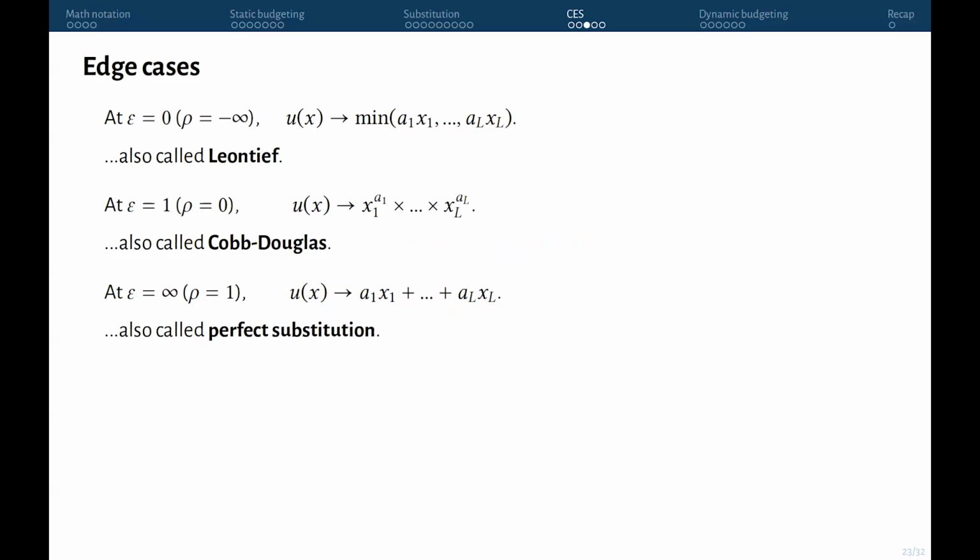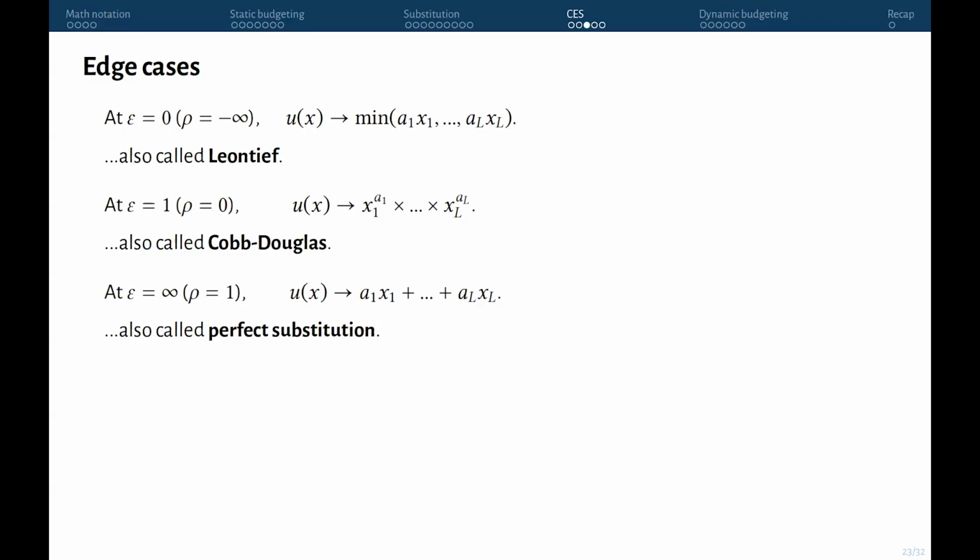Now those edge cases are maybe helpful for building intuition. If goods are really hard to substitute, if the elasticity of substitution is 0, or the substitution parameter is negative infinity, the utility function is just going to be the minimum of the goods with these weights a.